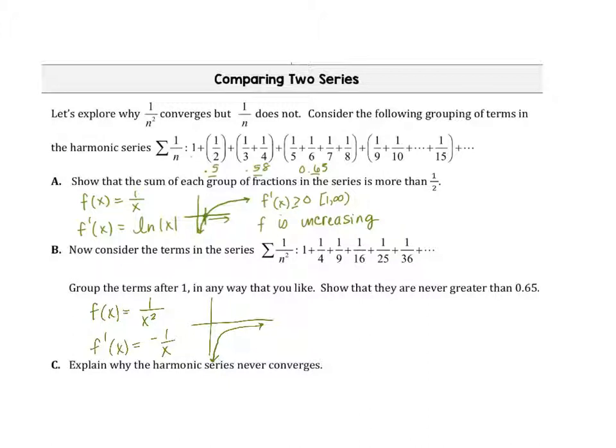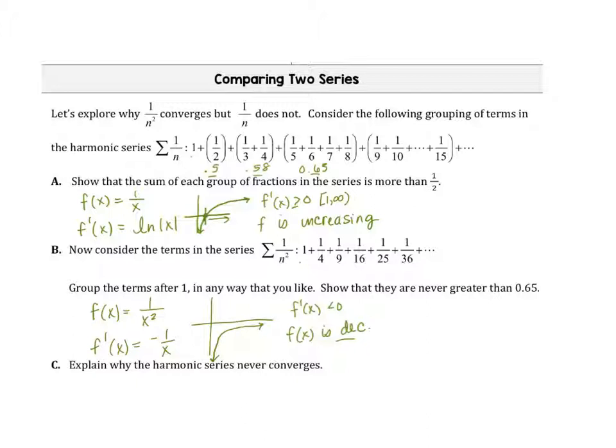So I see that f prime is negative, and if f prime of x is less than 0, then I know that f of x is decreasing. And so here we can see that with each individual term, we are continuous, we are positive, and f is decreasing. And so when we go through, we will get a finite value here. And so we see that this will end up converging to a particular value.